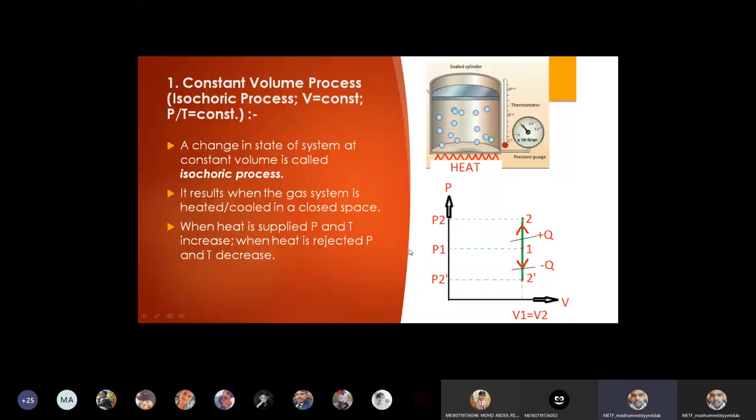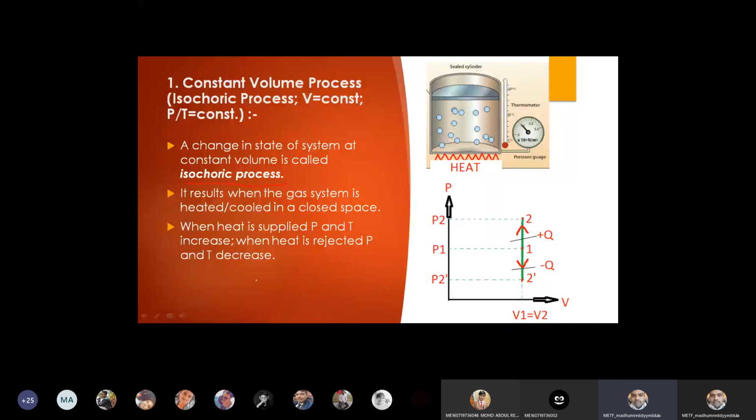Constant volume process means a change in the state of a system at constant volume. The other name for this is isochoric process.